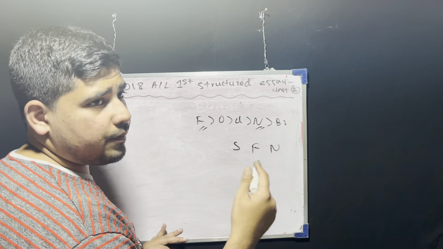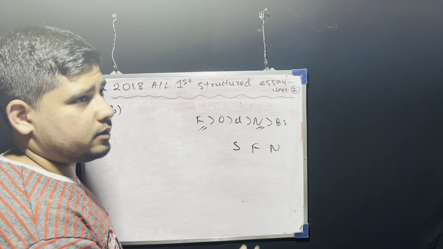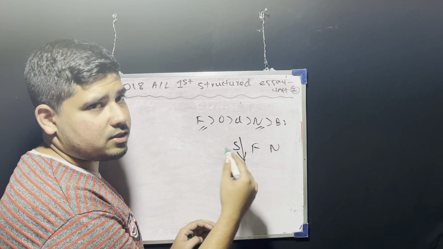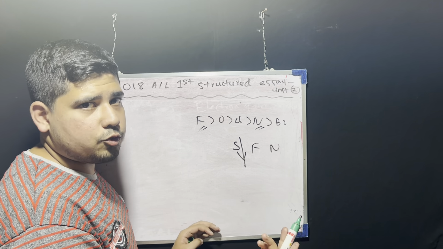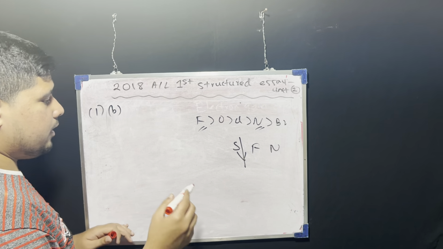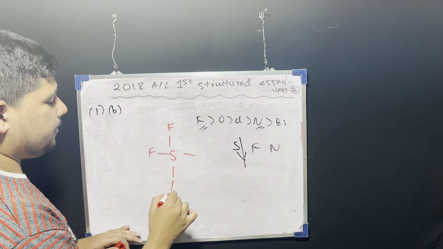So sulfur should obviously be beyond this nitrogen. Therefore, sulfur is the least electronegative among these, so sulfur should be the central atom. SF3N.